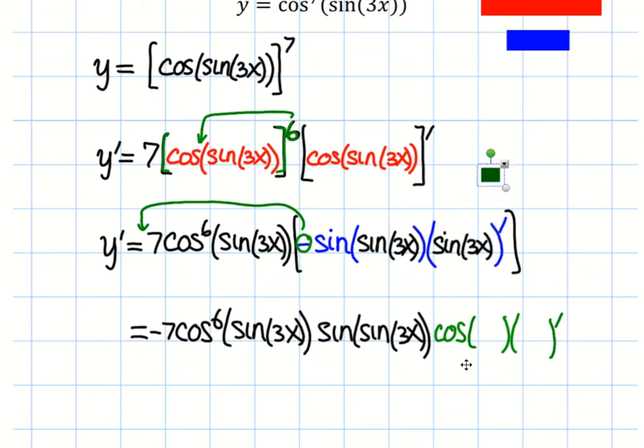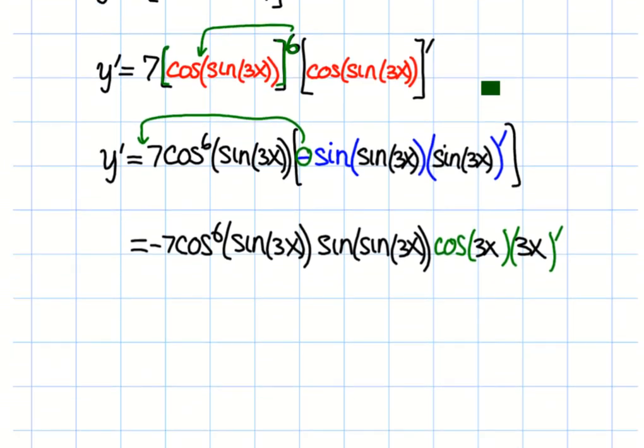Now we happen to have 3x in it. And so we've done everything up to this point. There's no more derivative. The only derivative left is the 3x. Derivative of 3x is 3.